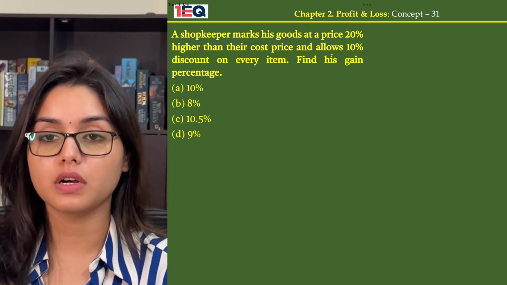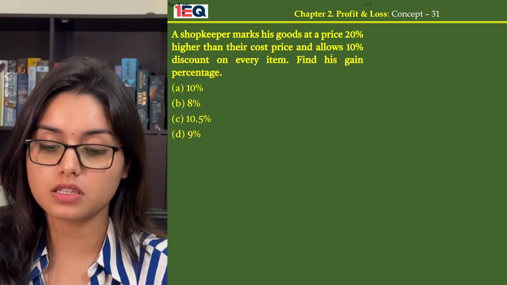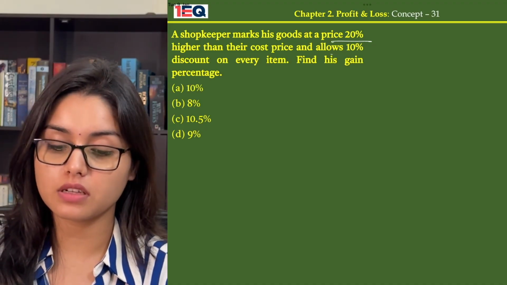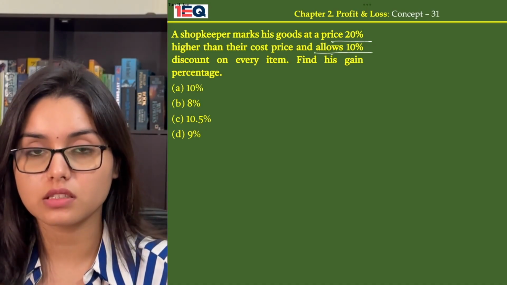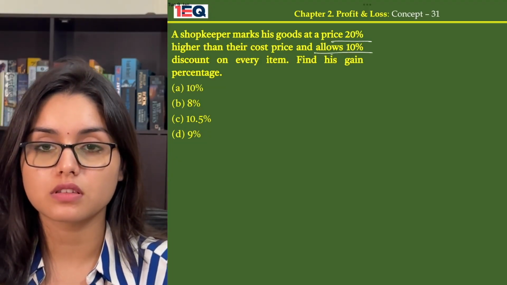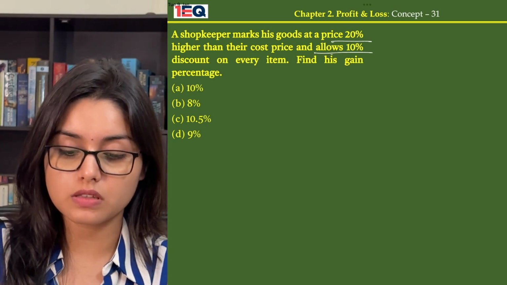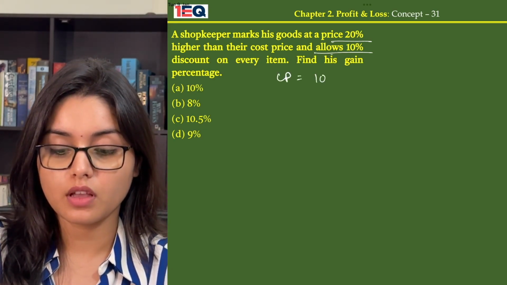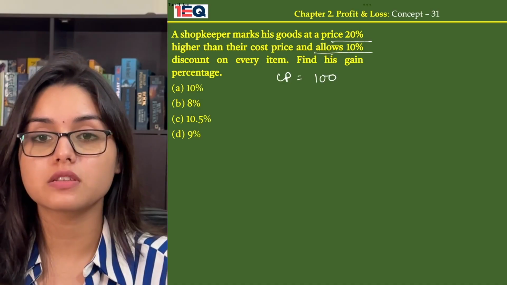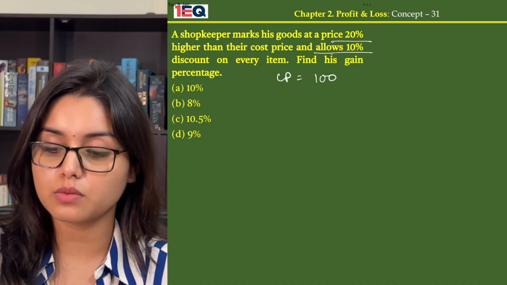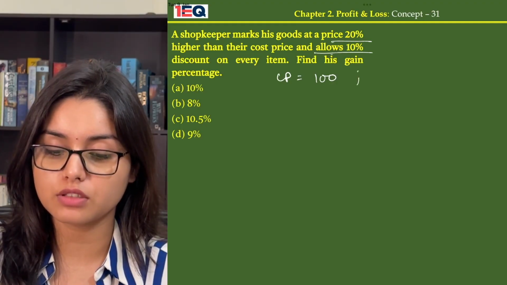A shopkeeper marks his goods at a price 20% higher than the cost price and allows a 10% discount on every item. Find his gain percentage. So let's assume that the cost price of the good was rupees 100. And if he marks it at 20% higher than the cost price, so his mark price will be 20% above 100 rupees.